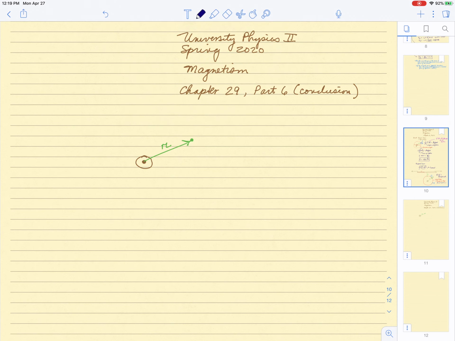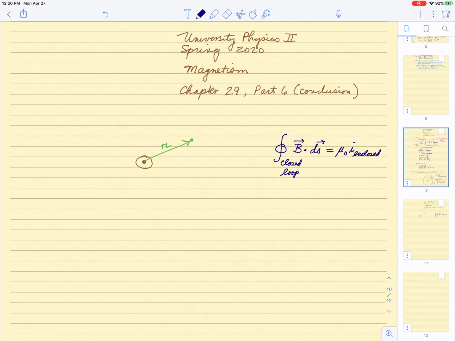If we use Ampere's law, which states that around any closed loop, the magnetic field dotted with some small line element is equal to mu naught times the current enclosed by that loop.